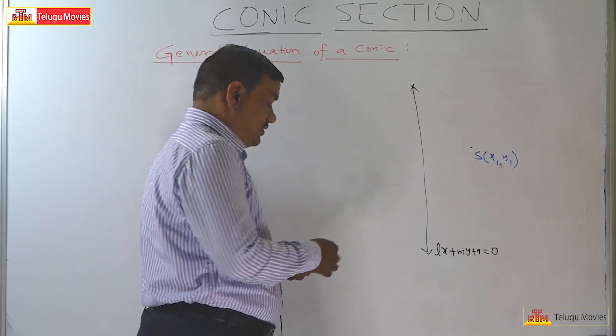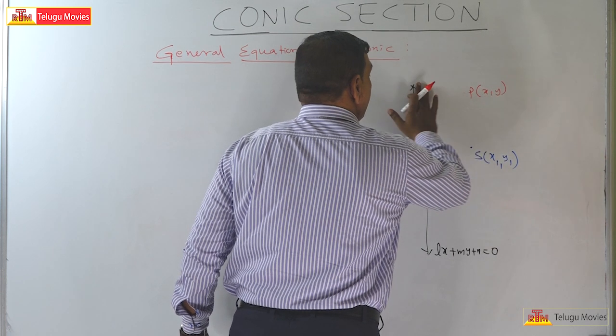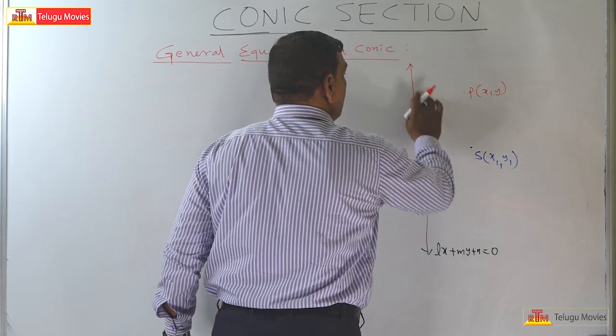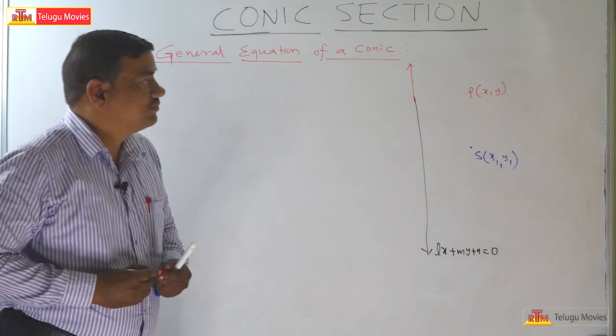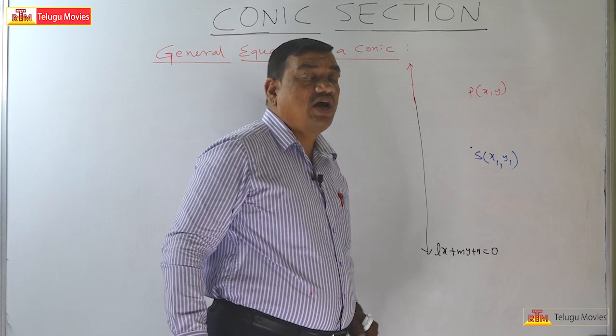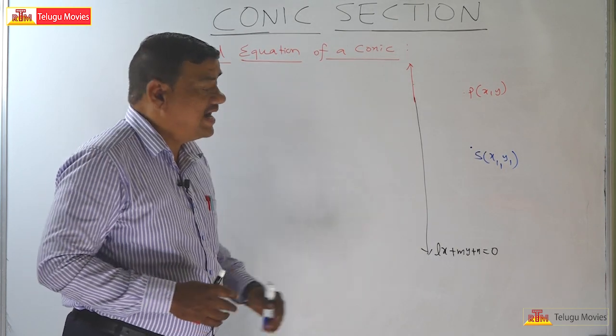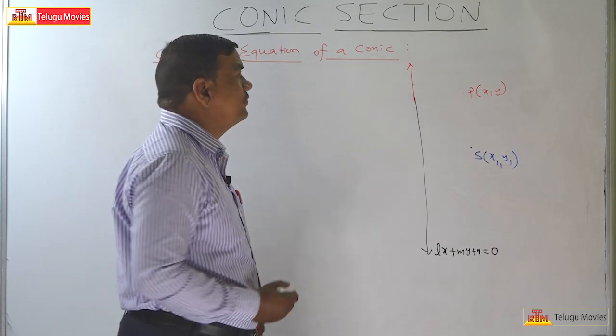Let the variable point P be x comma y. The variable point P(x, y) moves in the plane of S and the line.